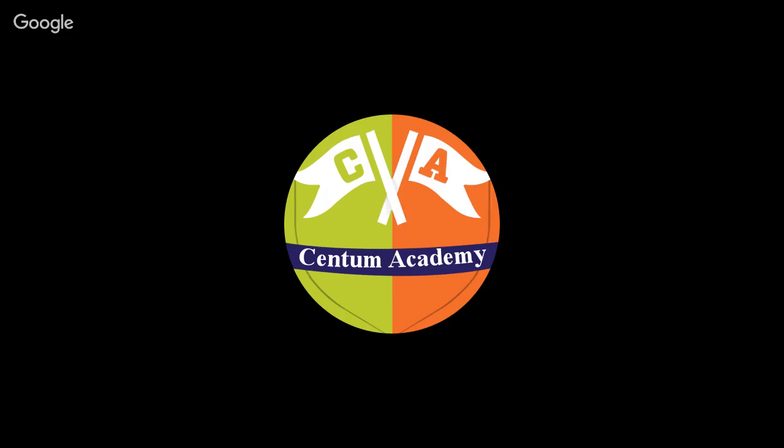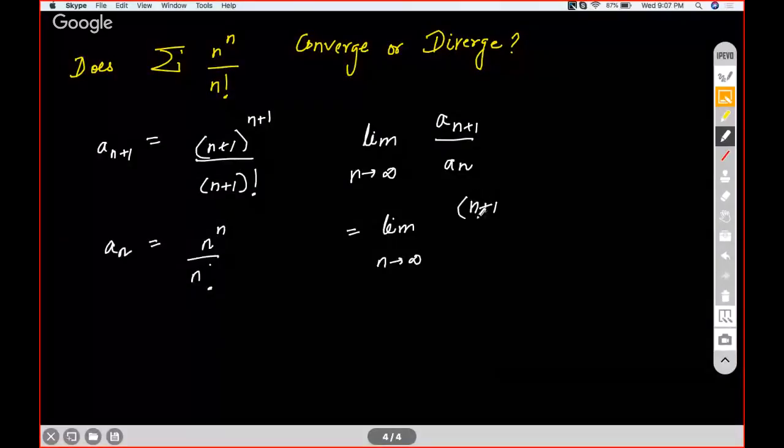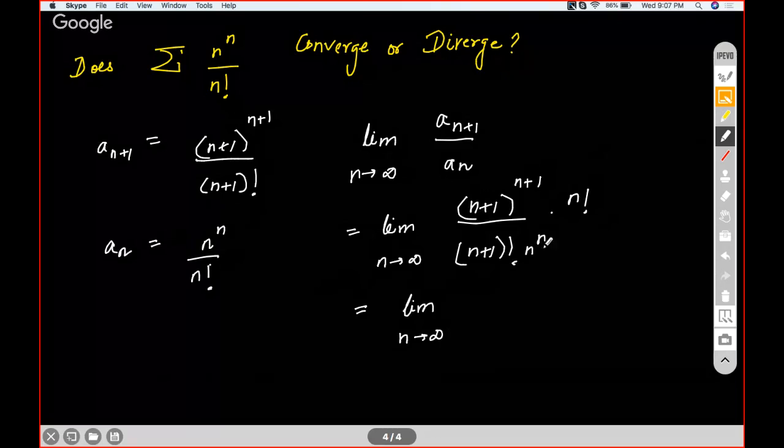And that would be the limit as n tends to infinity of n plus 1 to the power n plus 1 by n plus 1 factorial, divided by n to the power n by n factorial, and we'll have n factorial here as well. So this will cancel with an n plus 1 over here, so one of the n plus 1 will go off.